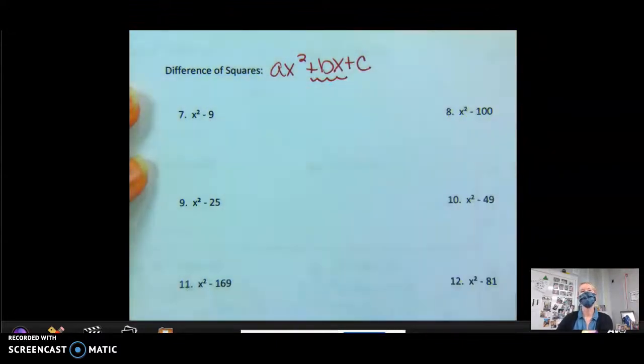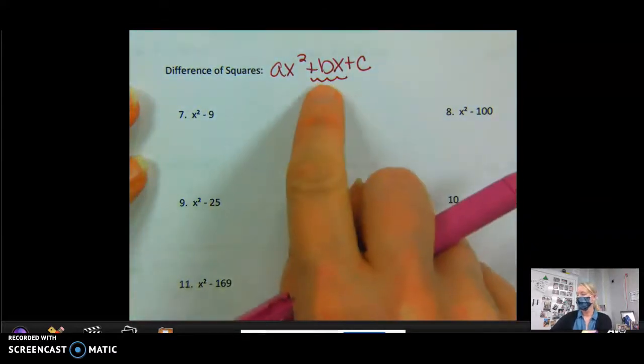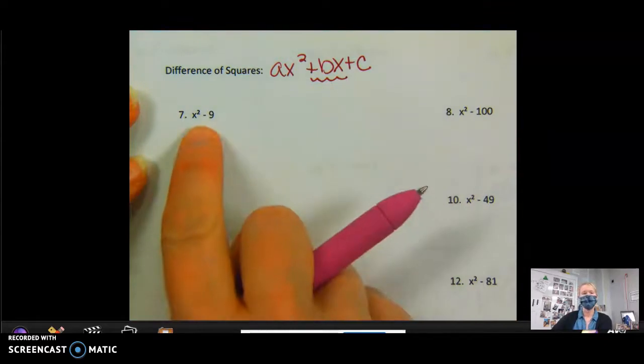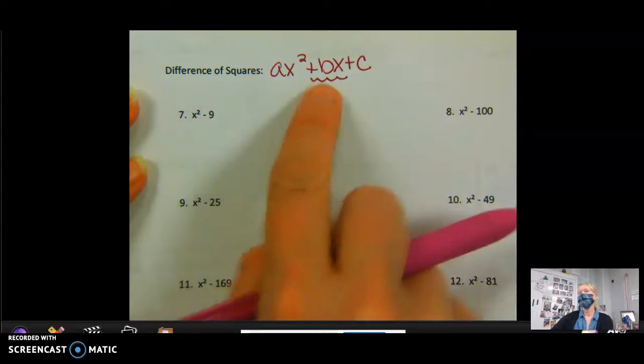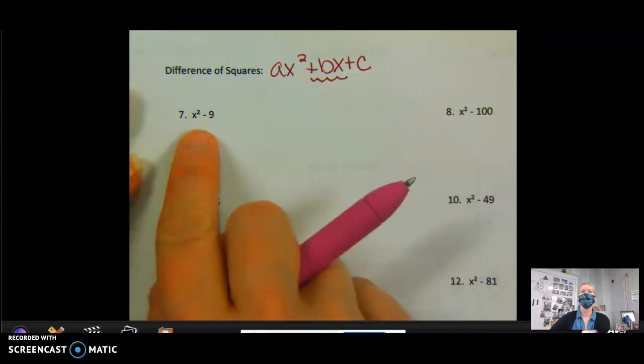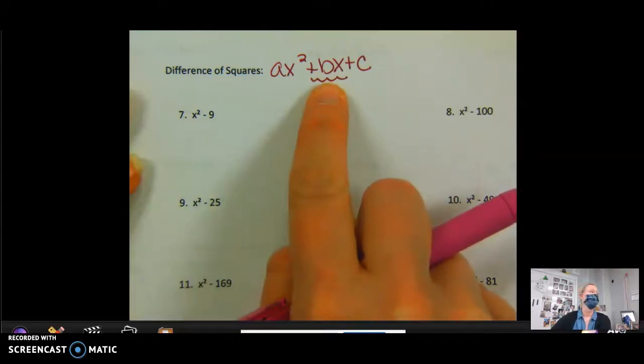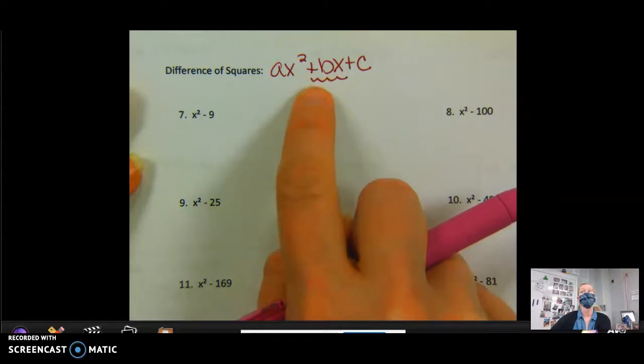A, B, and C are all numbers. B is my middle term. It has just an x. That is the term we're missing, right? What's the value of B in this situation? Do we have 1x? We have 0 x's. So your value of B is 0.